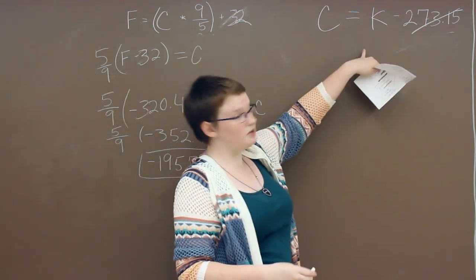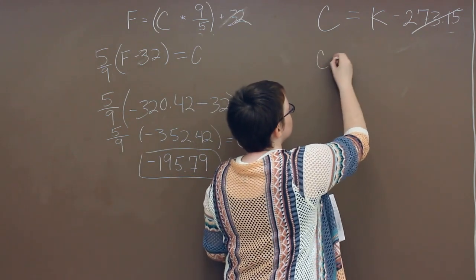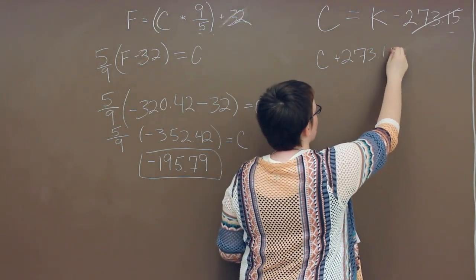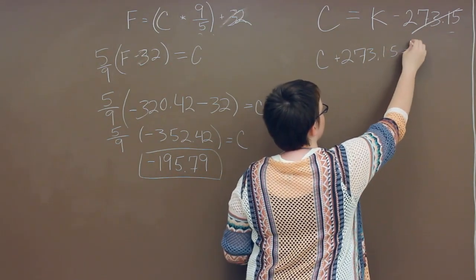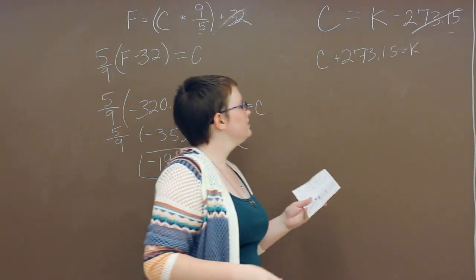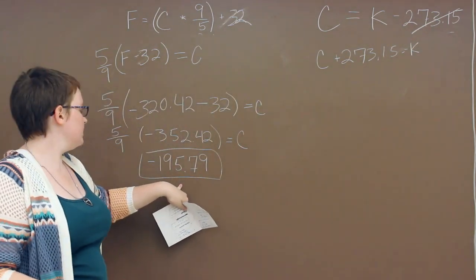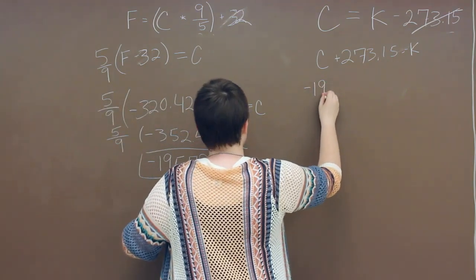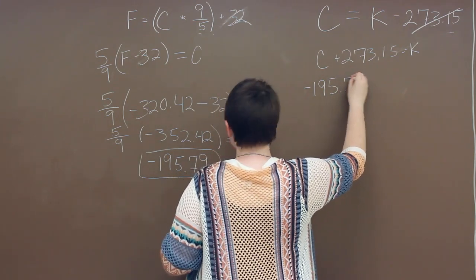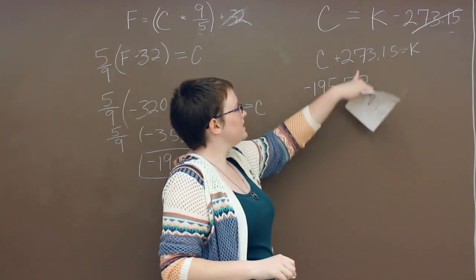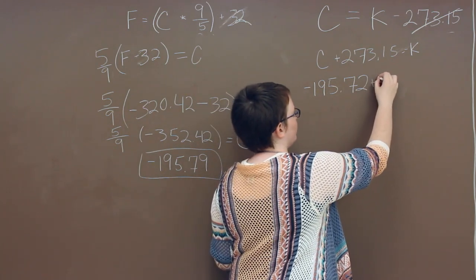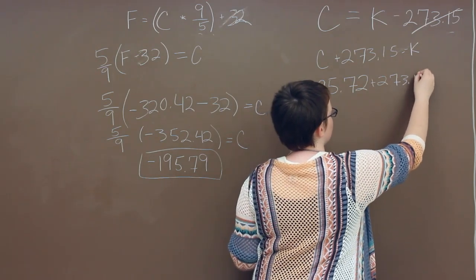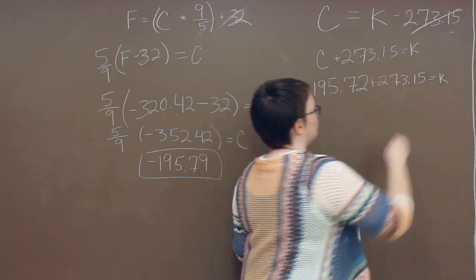Here, we're going to flip this equation again. So we'll have C plus 273.15 equals Kelvin. So we have to use this temperature that we calculated here. So C is going to be negative 195.79. And then we have to add 273.15. And that'll equal our temperature in Kelvin.